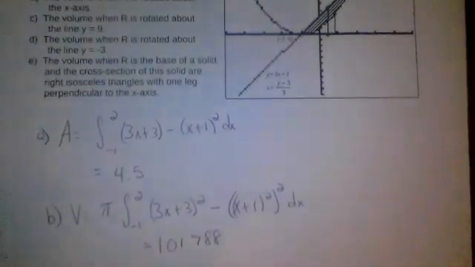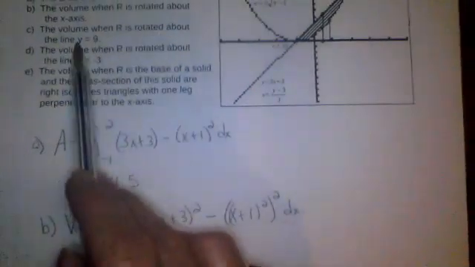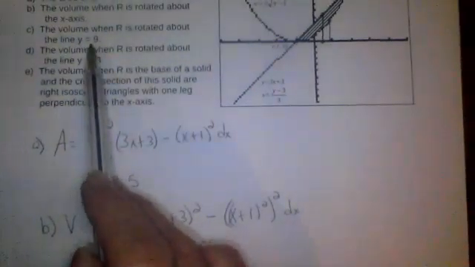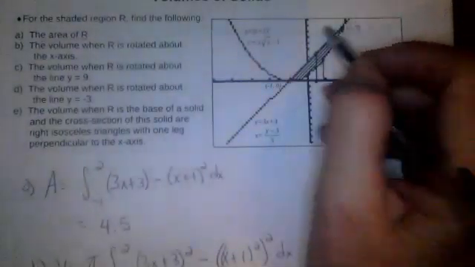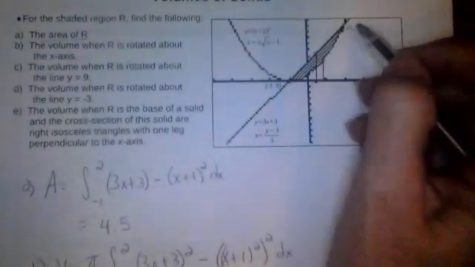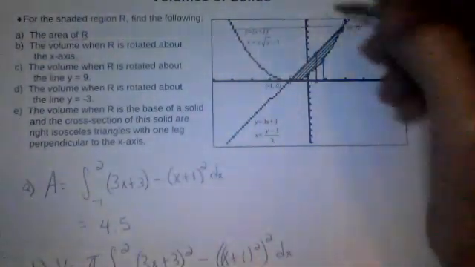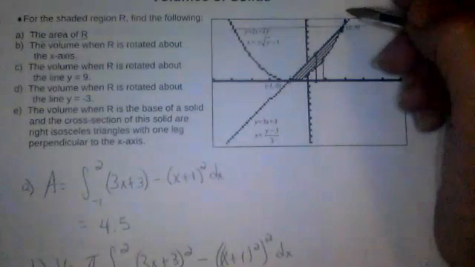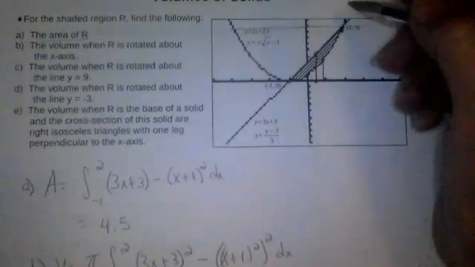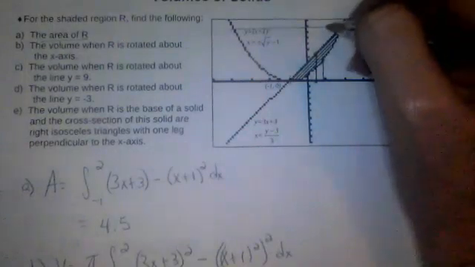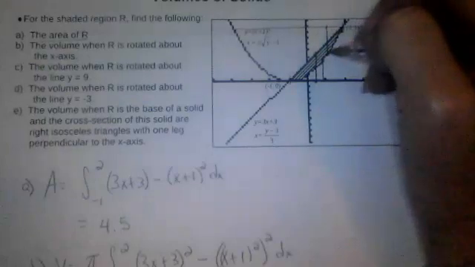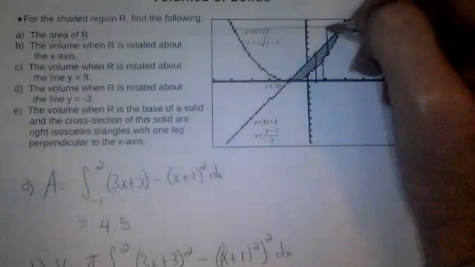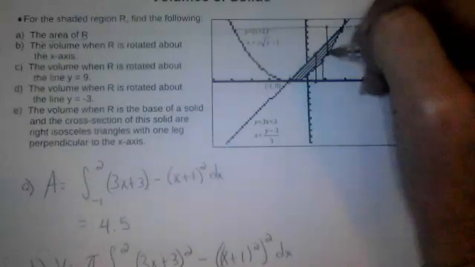For part C, it wants us to do the volume rotated about the line y equals 9. Well, y equals 9 is going to be up here. I think this is 9 right in here. And so again, we're going to have two separate radii, but this time top curve minus the bigger radius. The outer radius is going to be 9 minus the curve.